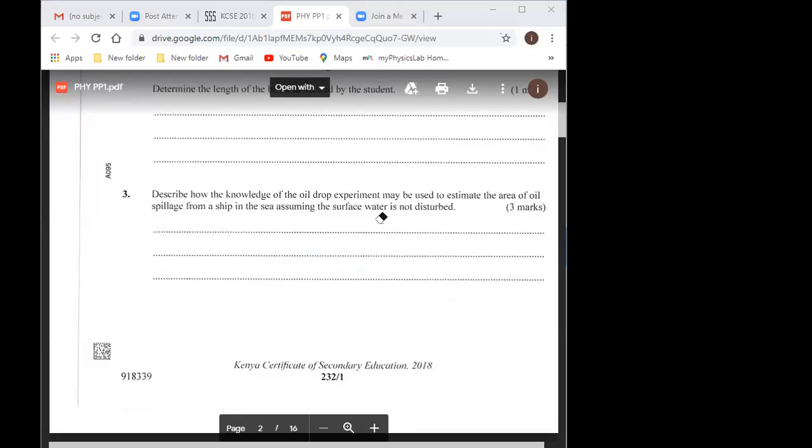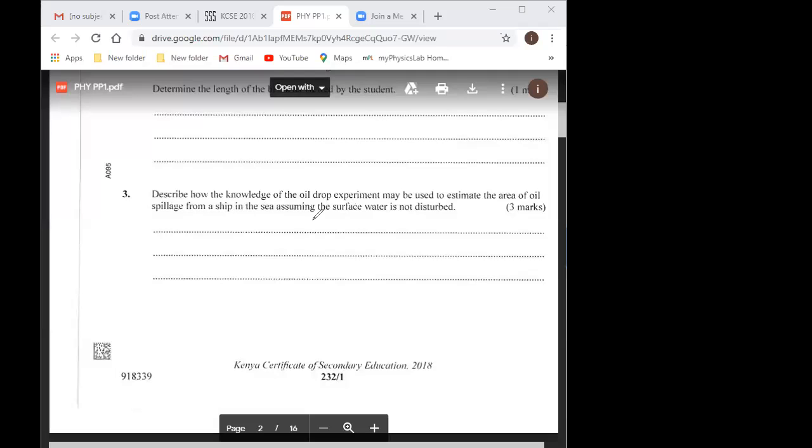We want to estimate the area of oil spillage from a ship. First of all, before that ship spills oil, you already know its volume. You know the volume of the oil in the ship, but you don't know the area it can spread to. Suppose we assume the oil it is carrying is 1 million cubic meters.